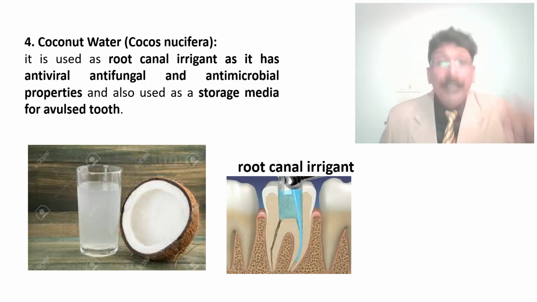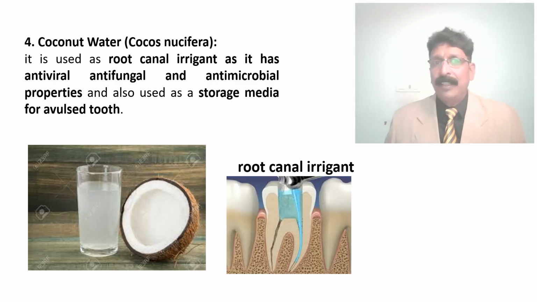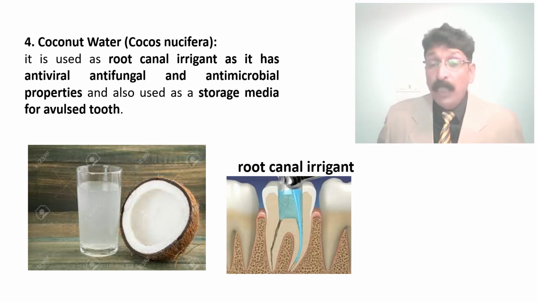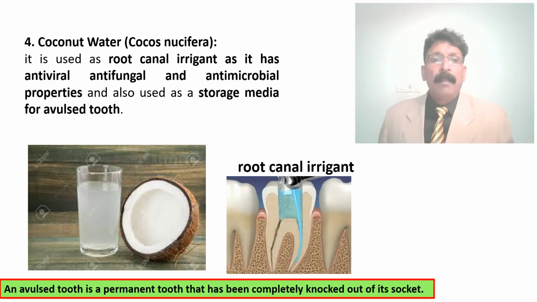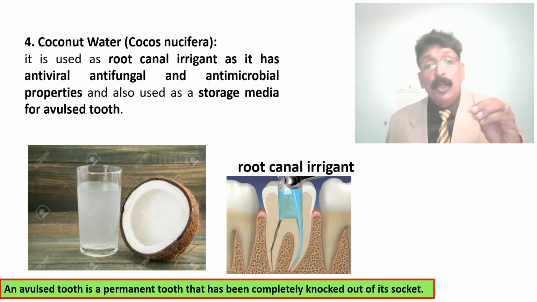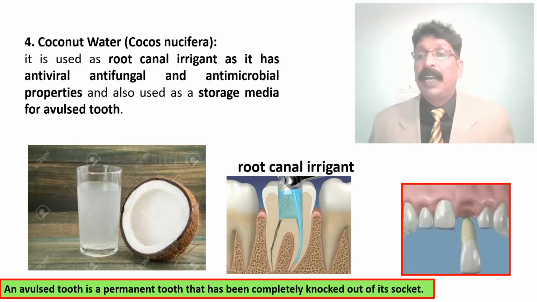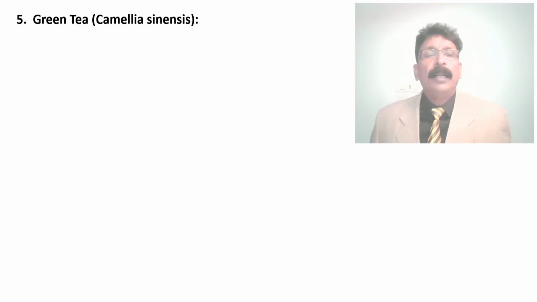It has antiviral, antifungal and antimicrobial properties and is also used as a storage medium for avulsed teeth. An avulsed tooth is a permanent tooth that has been completely knocked out from its socket, as shown here, come out or removed due to periodontal diseases.